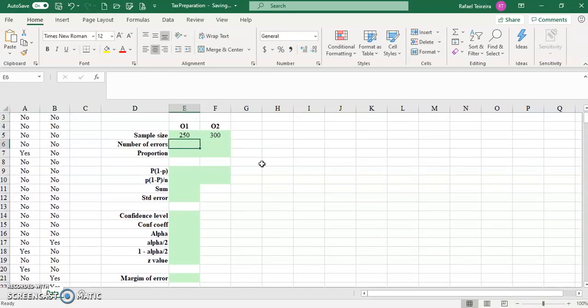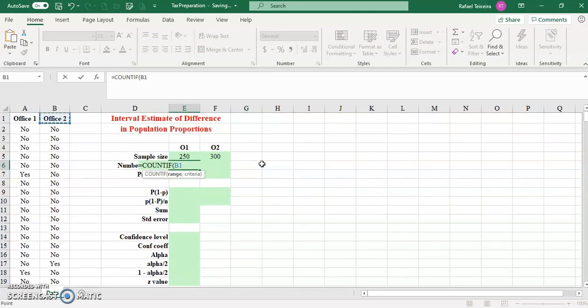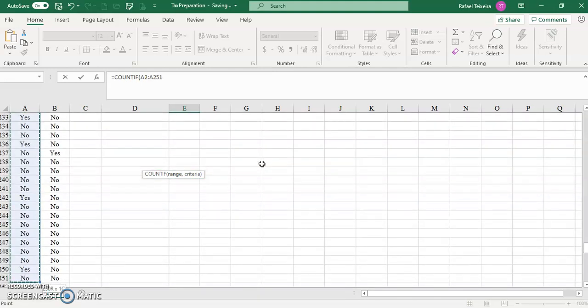It's 250, and the other one is also COUNTA. Now the proportion of errors, so it's equal COUNTIF. I'm going to use a COUNTIF function, and I'm going to select the range without the label, below the label, because yes represents those cases with problems, erroneous.